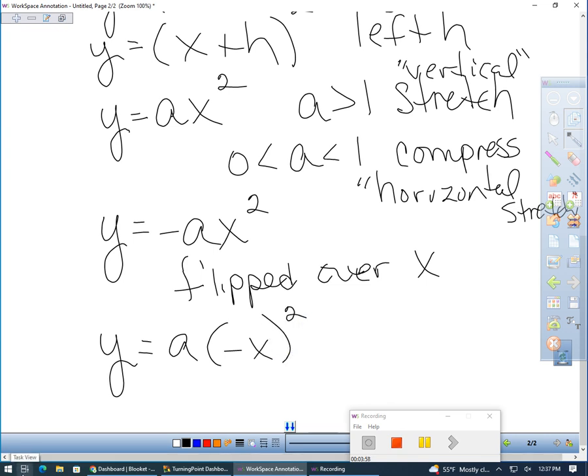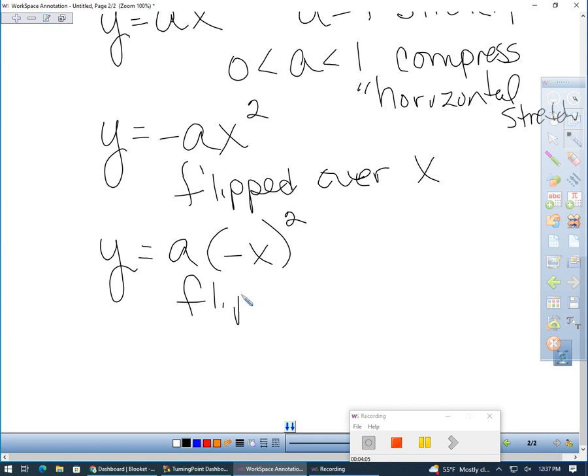So the x itself is negative. When the x is negative, this flips over y. Alright, so any parent function you can do this to, right? All of them have basic functions that are being translated, stretched, moved, whatever it is.